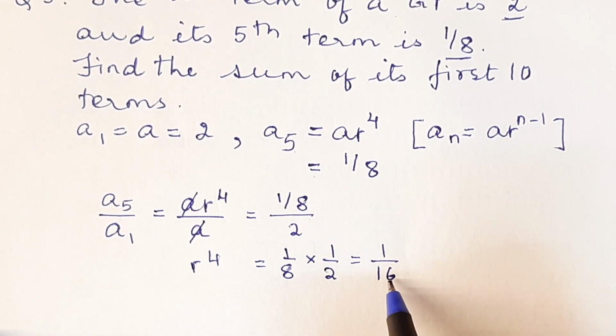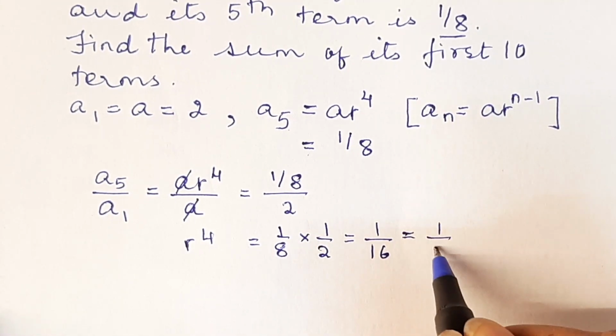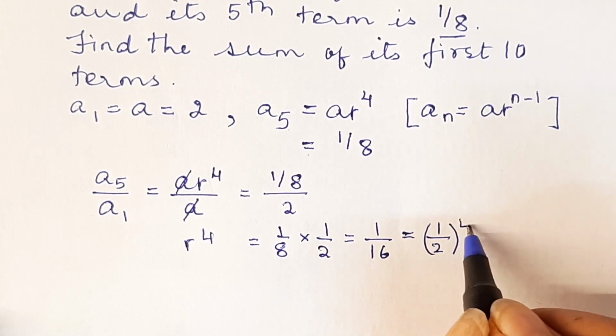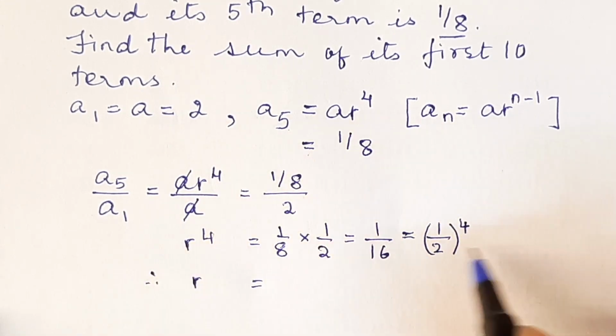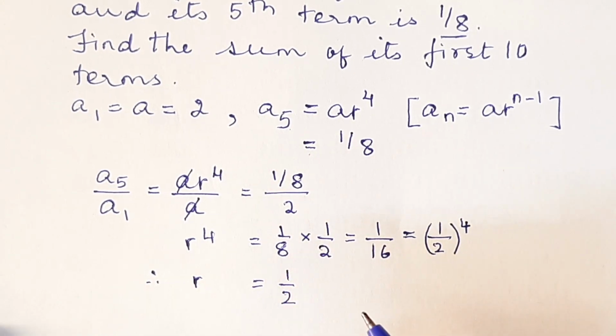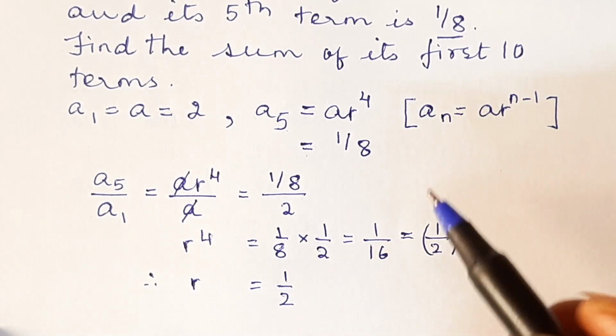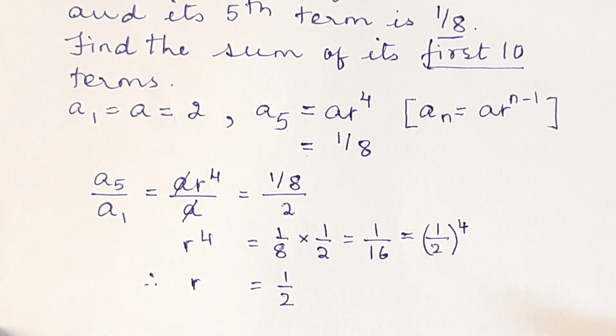Now isn't this 2 to the power 4? So should we write it that way? And so we will have r, which will be the fourth root of this. So here the fourth root is going to be 1 upon 2. Now remember, we have to find the sum of its first 10 terms, which means I'll have to use the SN formula.